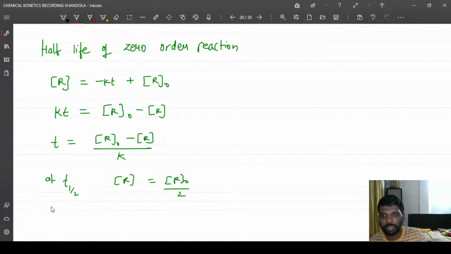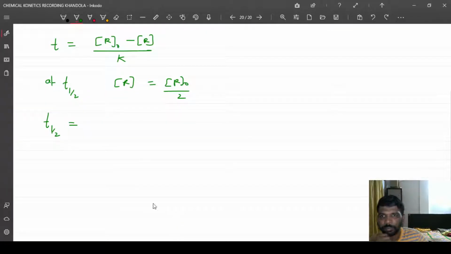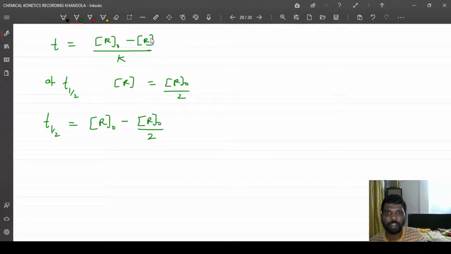So instead of t, I will write t half. Instead of R, I am writing R0 by 2. So t half will be equal to R0 minus R0 upon 2, divided by k.